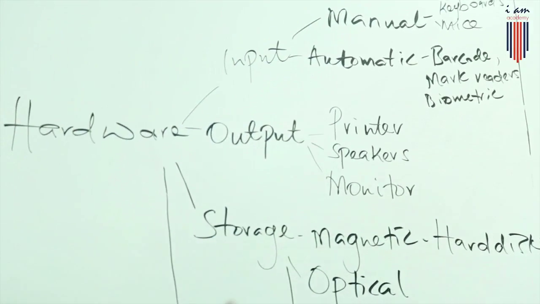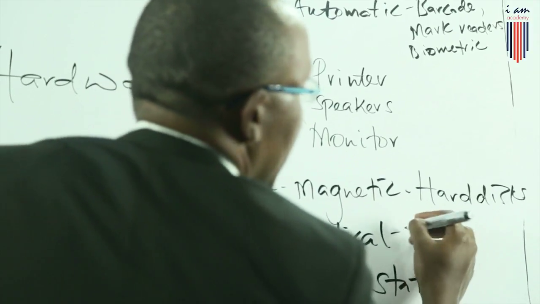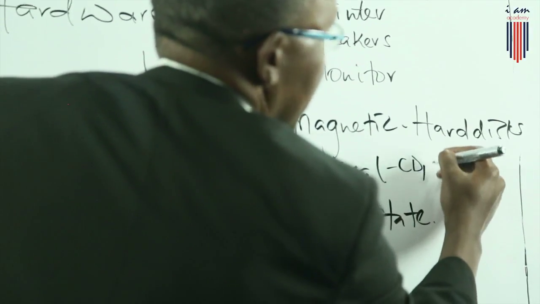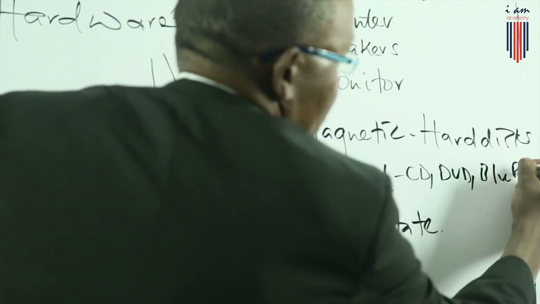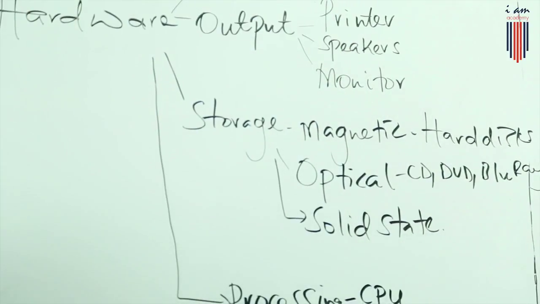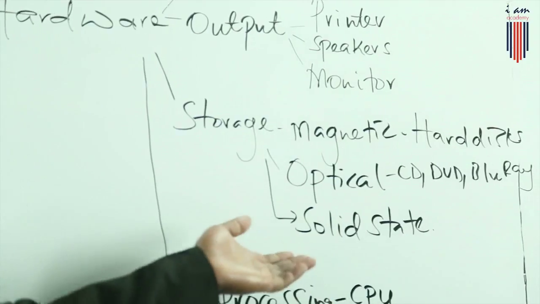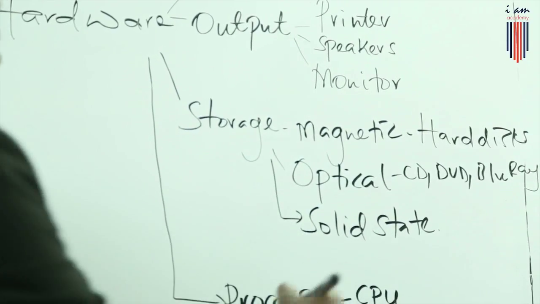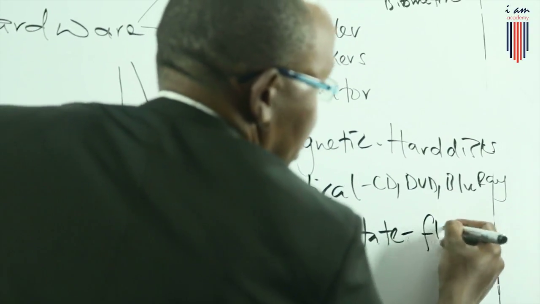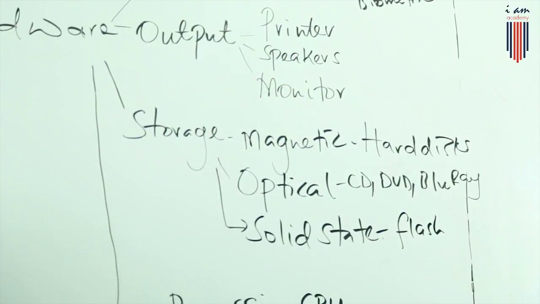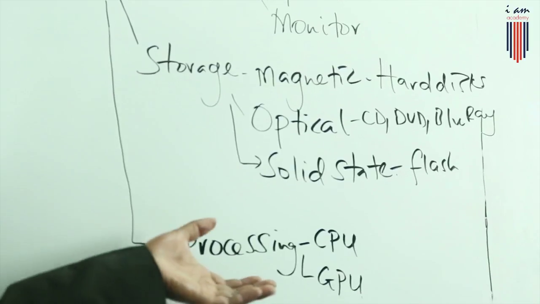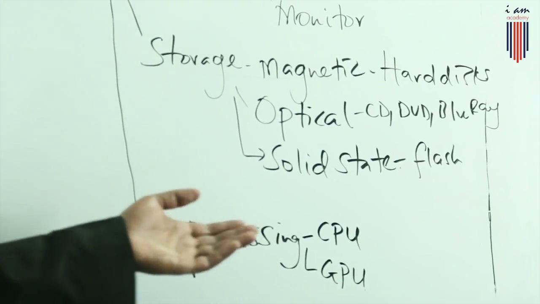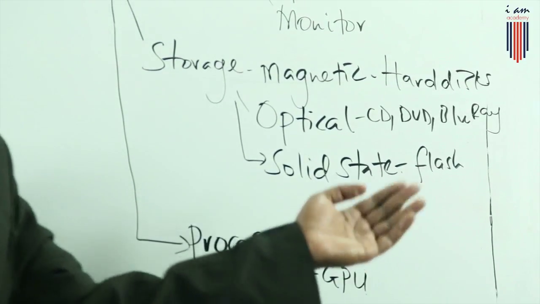Then there is the optical storage devices, which compose of the CDs, DVD, and Blu-ray discs. And solid-state storage, which is becoming quite common now. This is where flash disks will fall under.